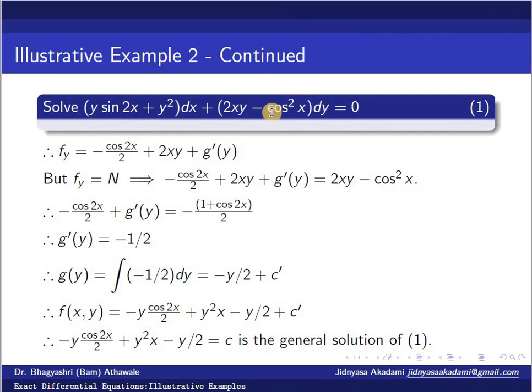Because if I express cos square x as 1 minus sin square x, that will be also okay. That is also a trigonometric identity. But that gives me another answer, which is not correct. Then how can we decide to keep cos square x as it is, or write it as (1 plus cos 2x) by 2, or write it as 1 minus sin square x?